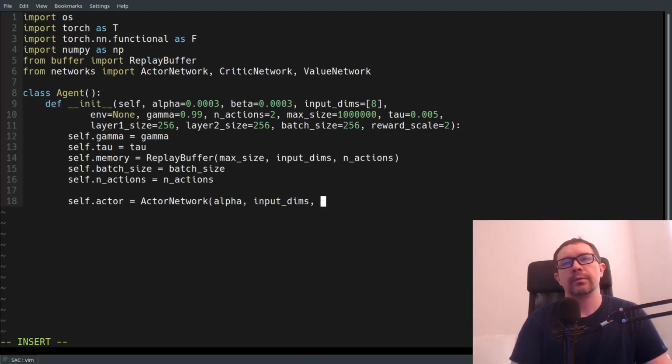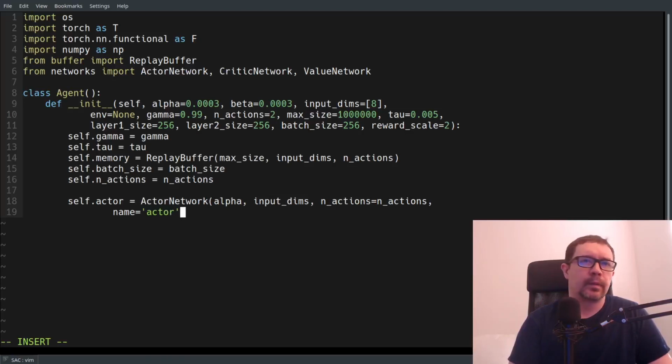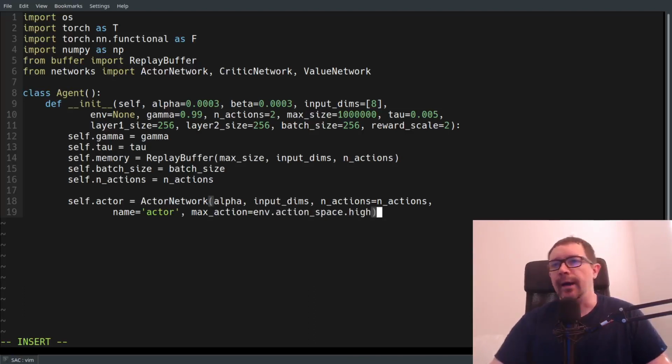We already have strong defaults for our layer sizes, so we'll use n actions equals n actions. The name is going to be equal to actor, and our max action is going to be equal to env.action_space.high.